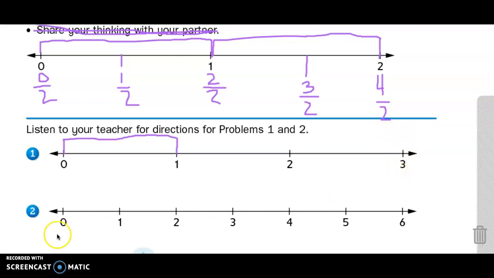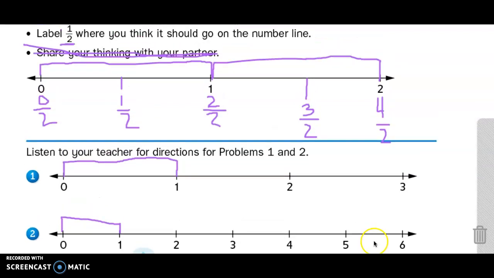Great. How many wholes do we have for number 2? If 0 to 1 is a whole, how many are there on this number line? 1, 2, 3, 4, 5, and 6.